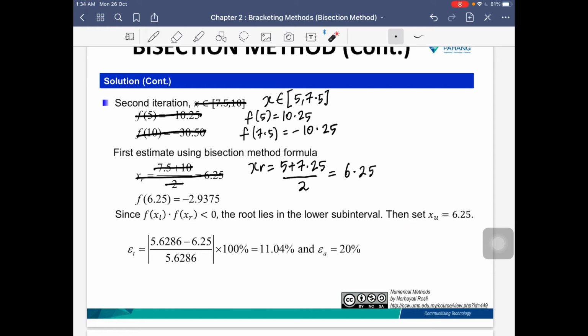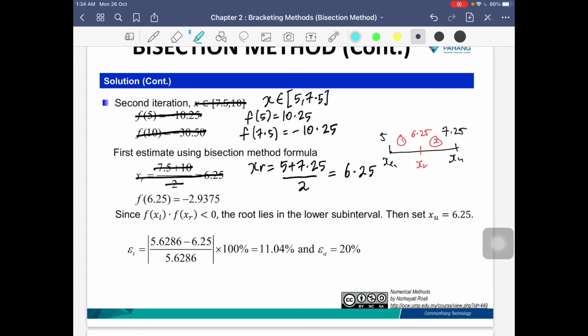Therefore, again by the test of the condition, we set x_u equal to 6.25. Remember, previously we had this x_l 5, and now we have our new x_u, and we calculate our new x_r, which is 6.25. So now we have the lower subinterval and the upper subinterval.